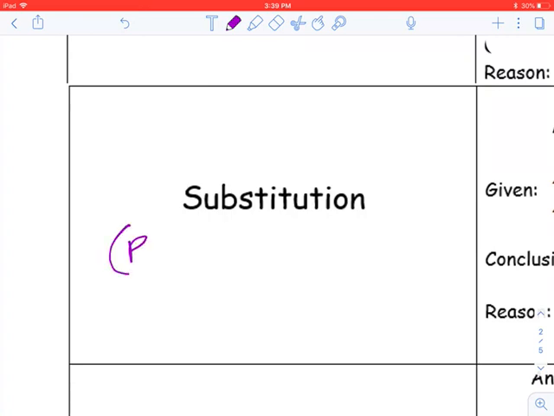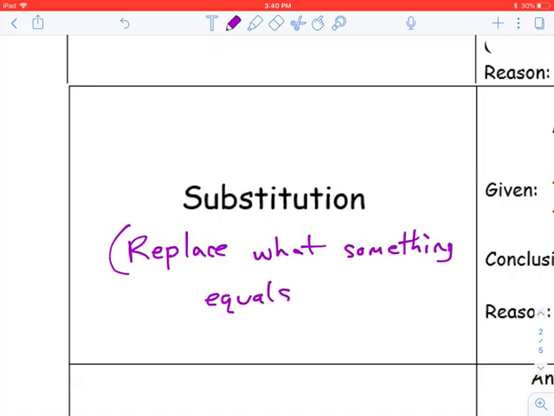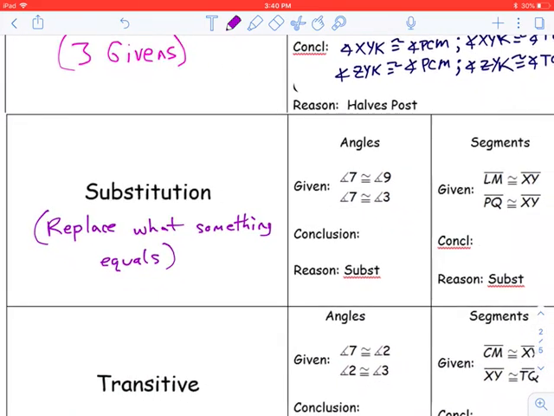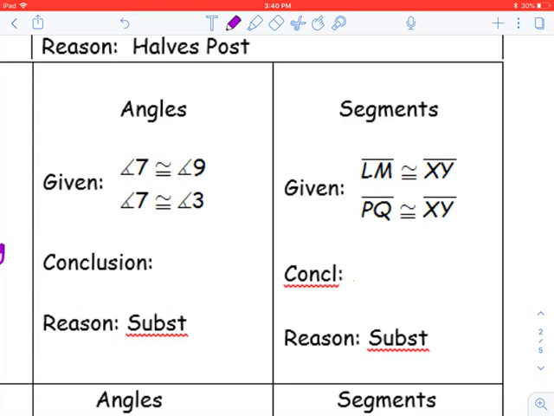So substitution is basically when something is equal to something else, you can replace it. Okay, so replace what something equals or is congruent to. Okay, so in this case, if you look at our examples, we have 7 equals 9.